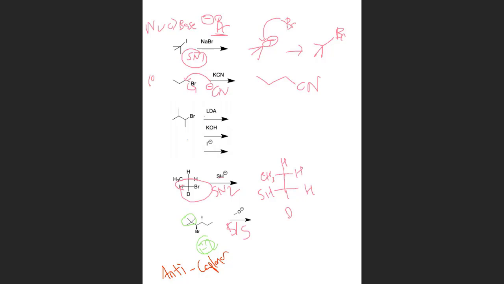each other. So if we draw out the bond, I'm going to say this is the R group, like here. And so we have bromine here, and we have hydrogen. And up here we have this group like this. We have hydrogen in front, and we have CH3 like this.